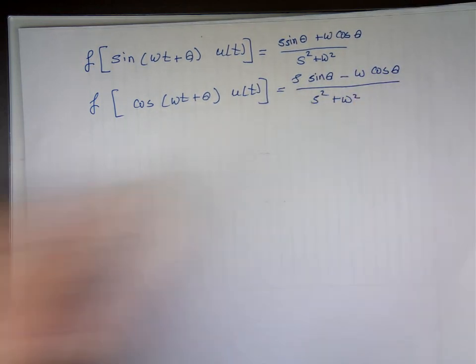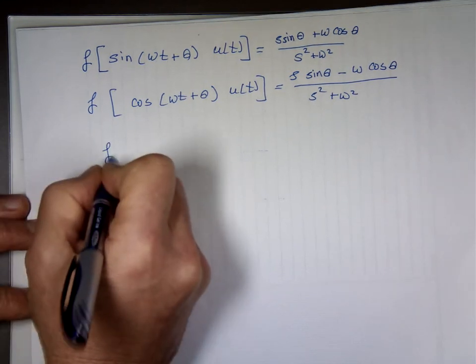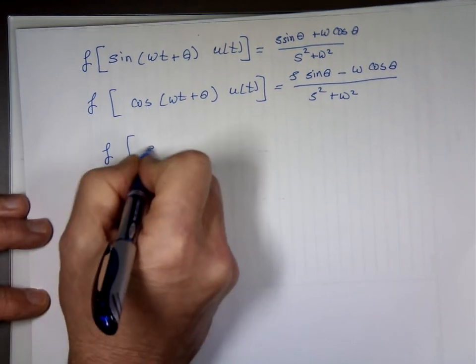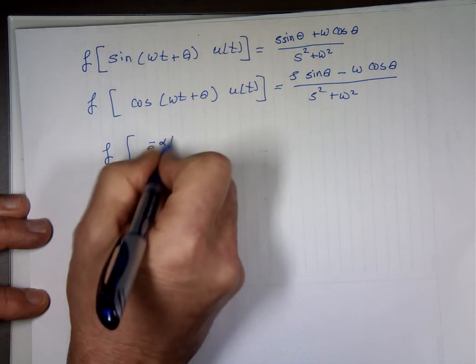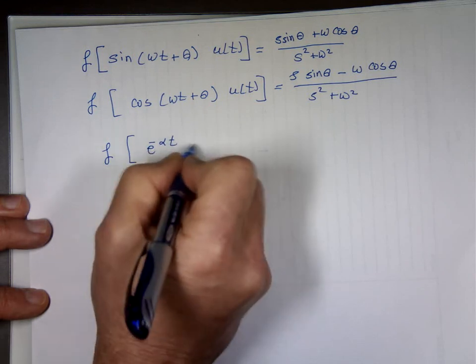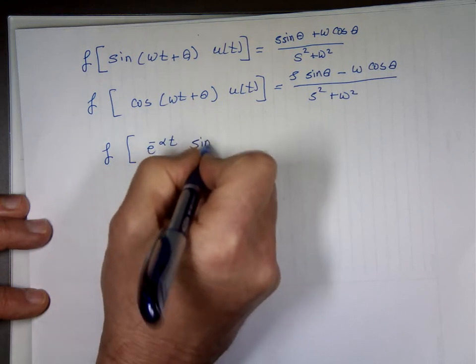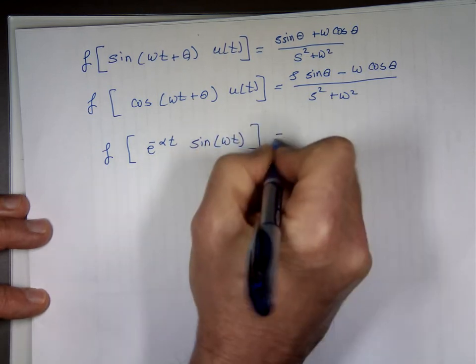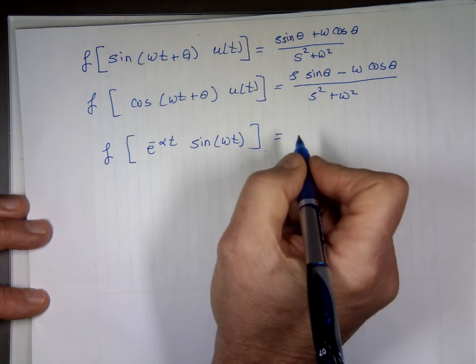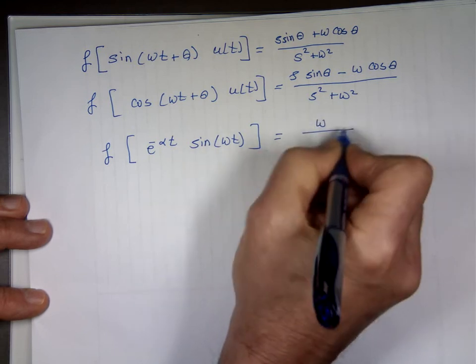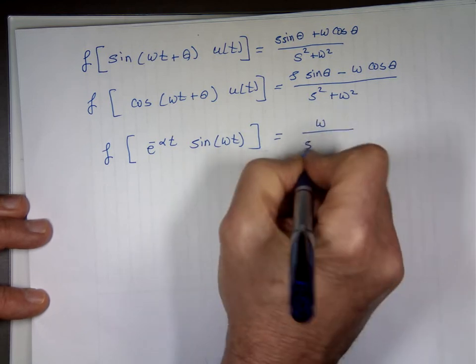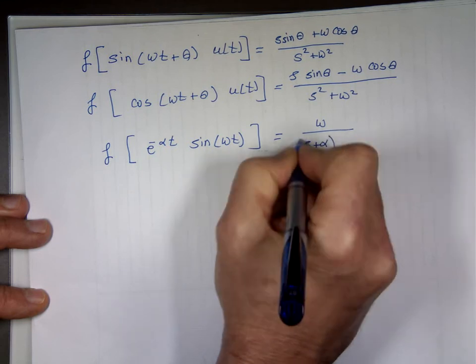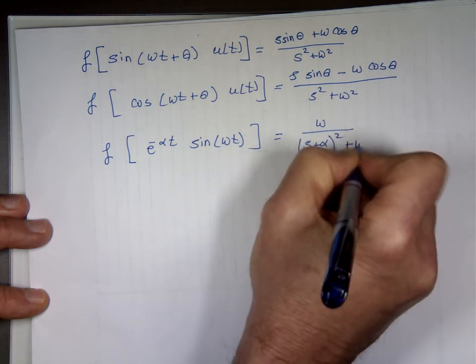I'm just going to add 2 more and then I'm going to call it quits on this video. You can go ahead and derive all of these using calculus, but we see this a lot: e to the minus alpha t sine wt. All of these have u sub t, I'm just getting tired of writing it. That's w over s plus alpha, that's a shifting here, squared plus w squared.